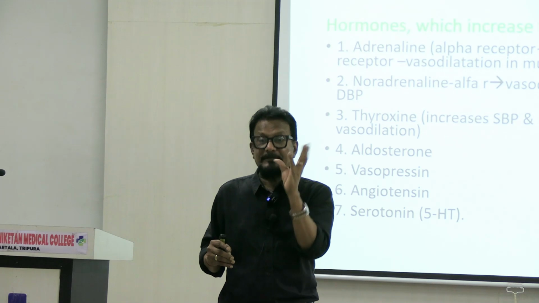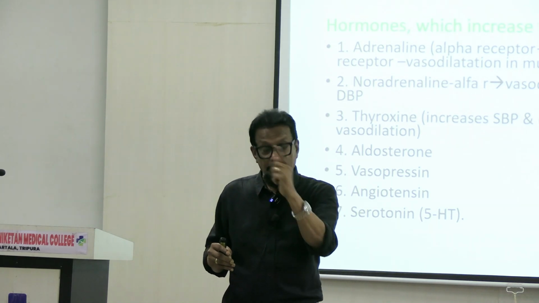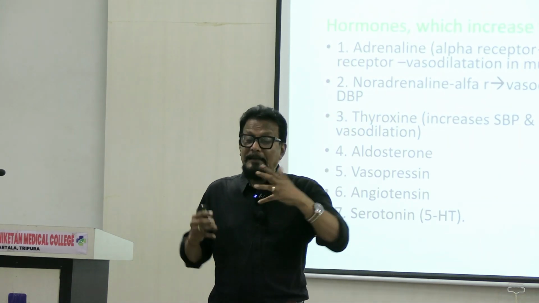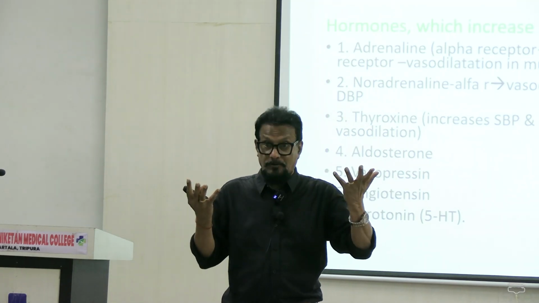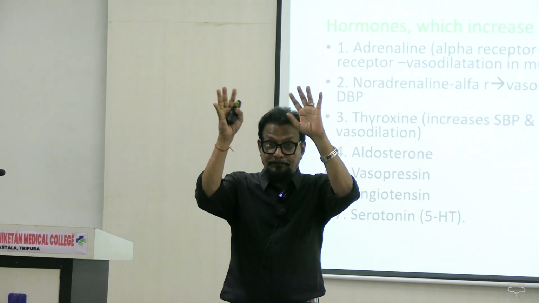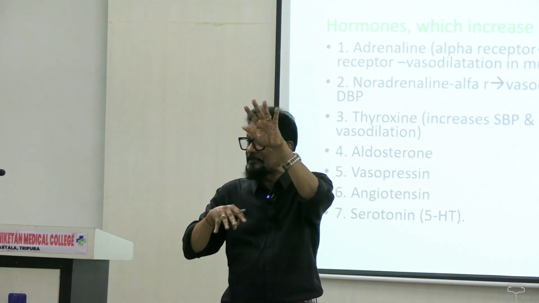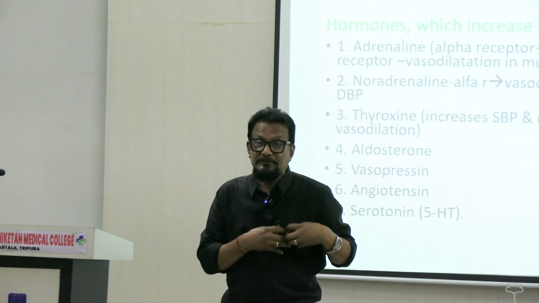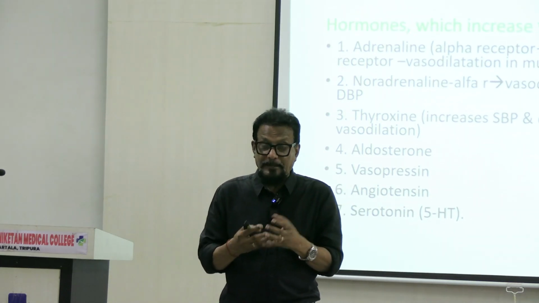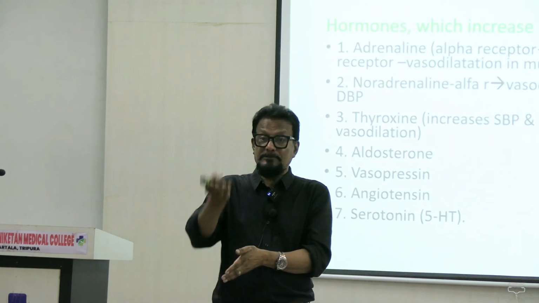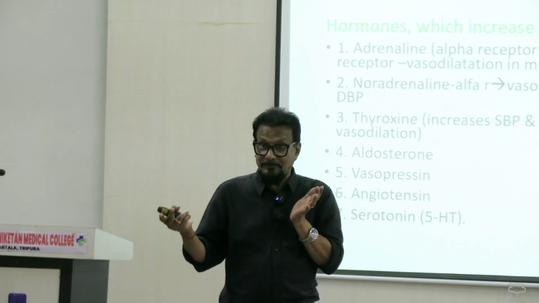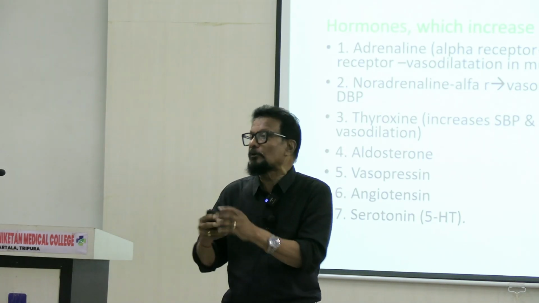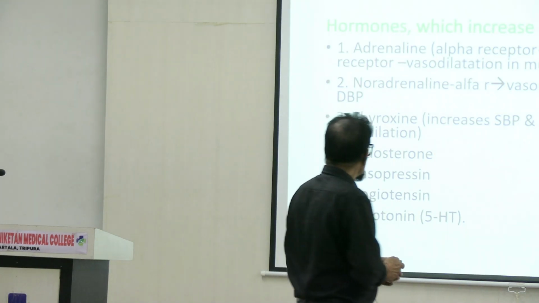Not because of increased heartbeat or increased cardiac output. And if somebody is having high systolic BP, it means cardiac activity is more. So if I want to reduce the systolic BP, you have to reduce the cardiac activity. If it is diastolic blood pressure, you have to apply vasodilator drugs. That will dilate the blood vessels, so blood pressure will be reduced.